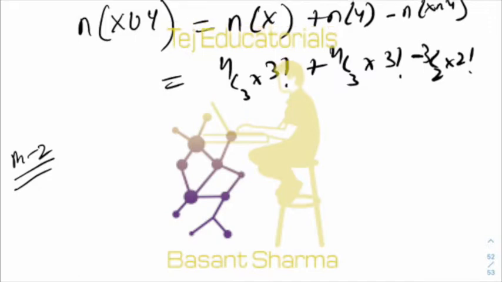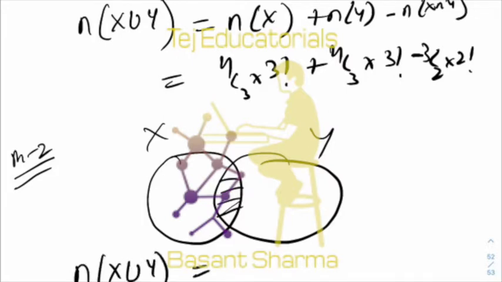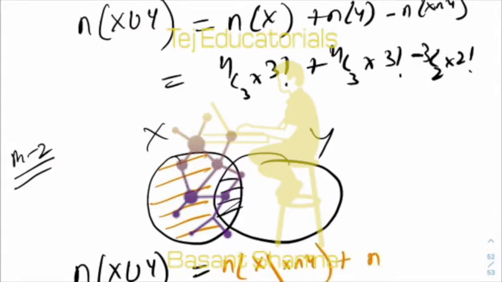You have two sets, X and Y, and this is your X intersection Y. Now we want to find the number of elements in X union Y. This can be done this way as well: you have n(X minus X intersection Y) plus n(X intersection Y), and then you have this region. So X union Y is divided into 3 regions.